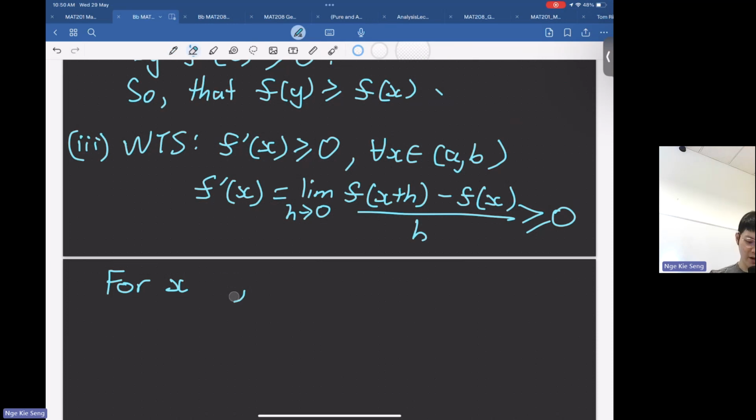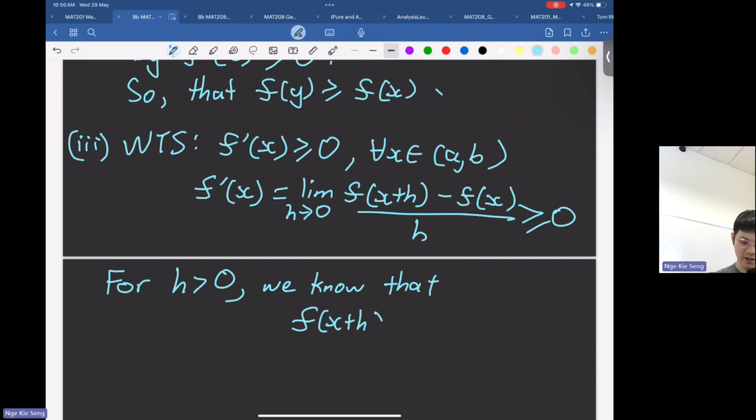So for h greater than 0, we know that f(x plus h) minus f(x) is greater or equal to 0, only for h greater than 0. But you see the limit here is for random h, as long as it converges to 0. So can you deduce the general case from this particular case or not?